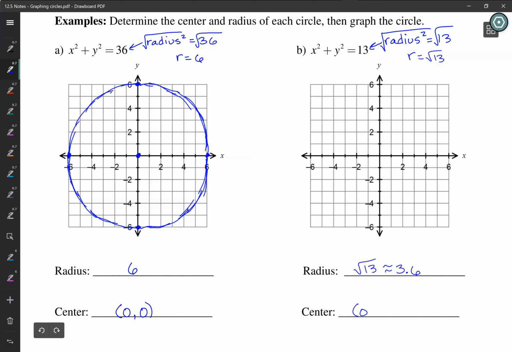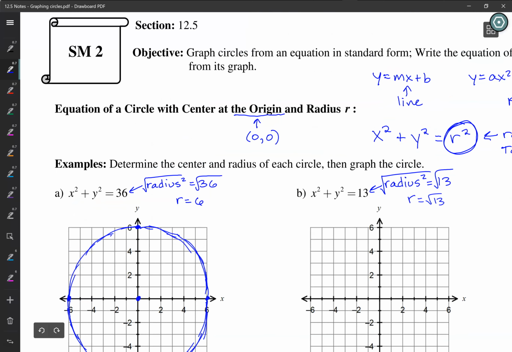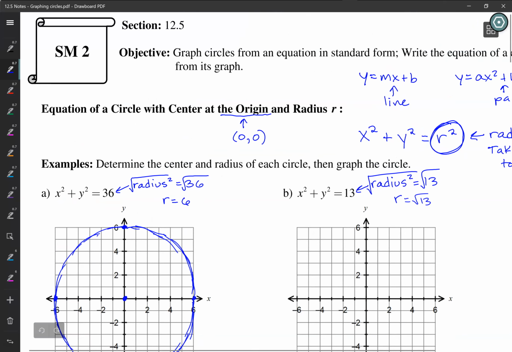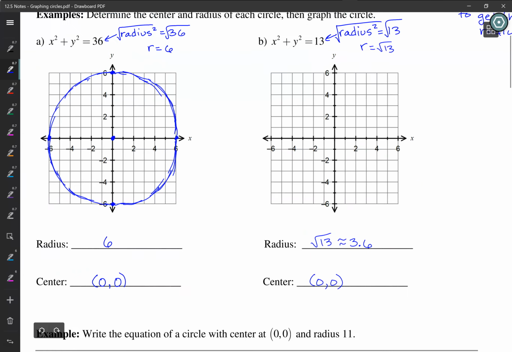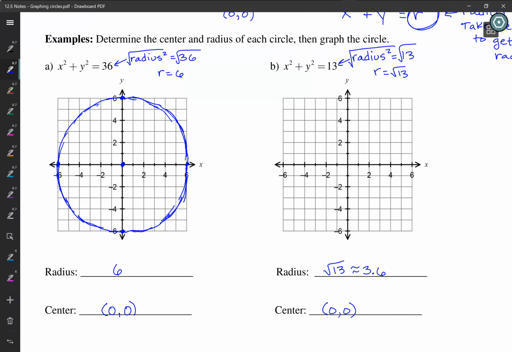Again, since it just says x squared plus y squared, my center will be 0, 0. It's the x squared plus y squared part that will be different when the center is somewhere else. Okay, so 0, 0. I'm going to go right 3 and a little bit more than half. I'm going to go up 3 and a little bit more than half.